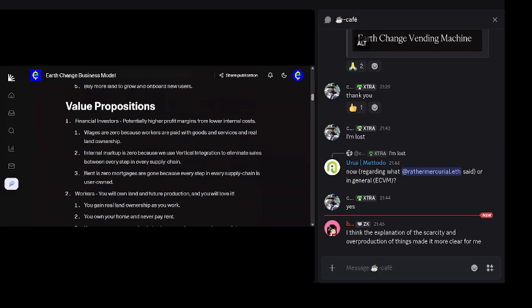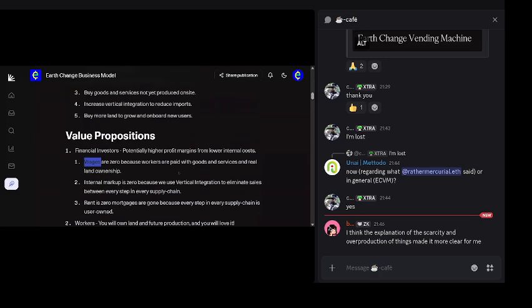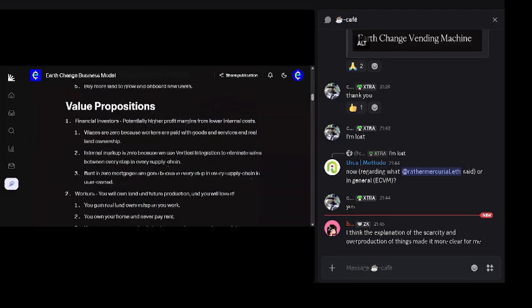Okay, since we're not going to pay monetary wages to the workers, that's one big cost we don't have to pay. And as we make anything we're going to sell on the open market, the internal markup is zero because we're fully vertically integrated.